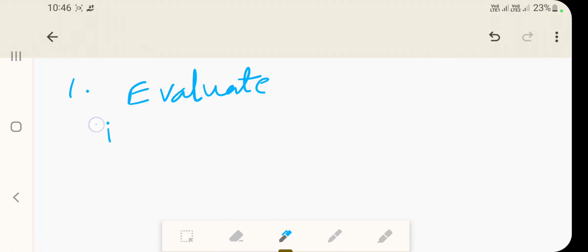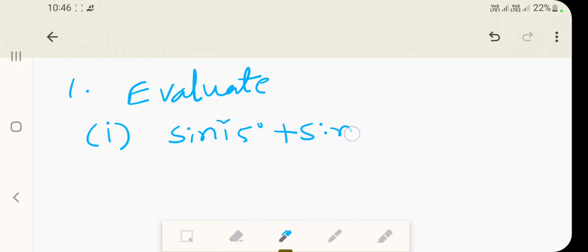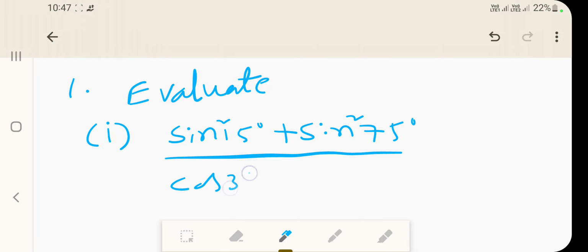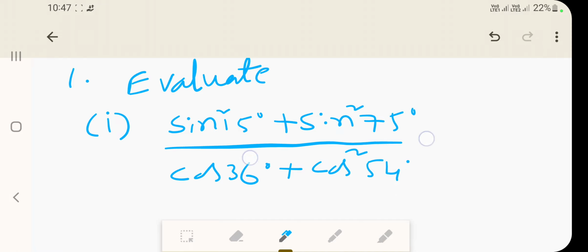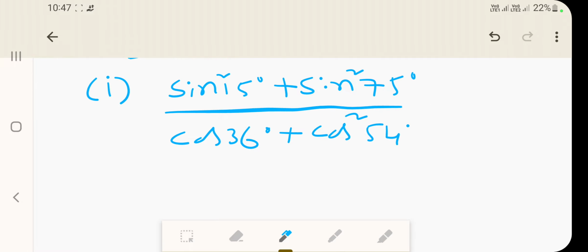If they ask evaluate and give the problem like sine square 15 degrees plus sine square 75 degrees divided by cos square 36 degrees plus cos square 54 degrees, here you have to identify what sine square 15 we can write, and what sine square 75 we can write.